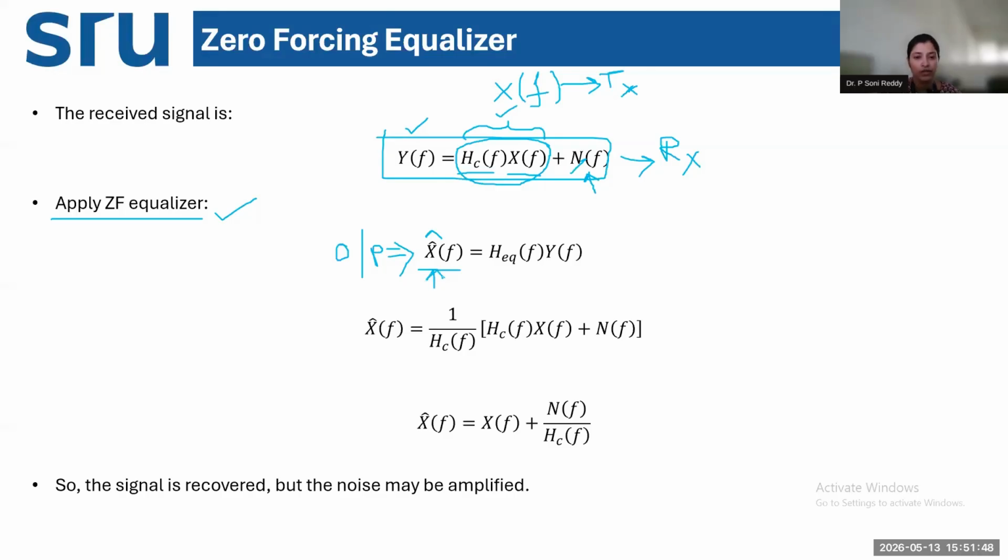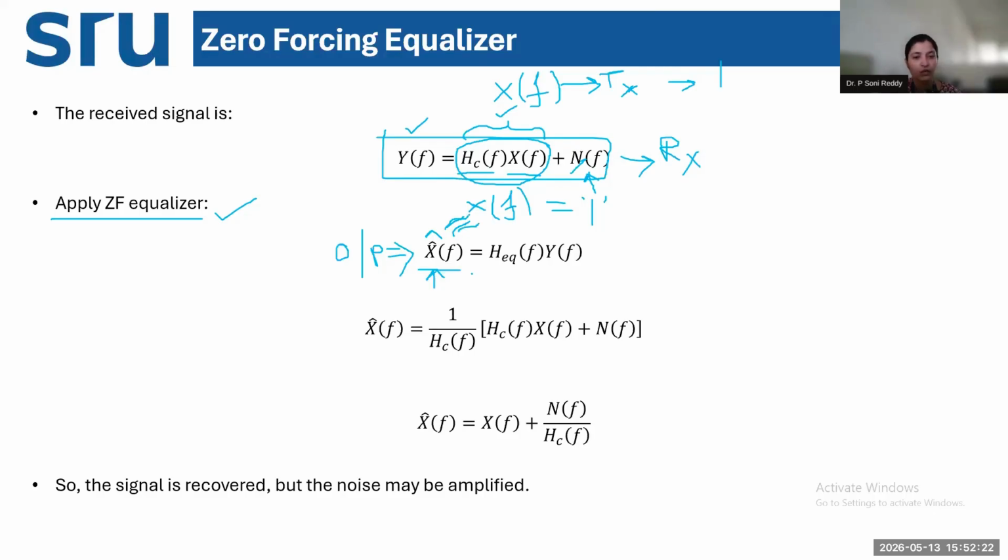Our goal is to generate an output at the equalizer which is almost the same as the transmitted signal, so x cap f should be almost the same as x of f. That means if I am transmitting a data 1, then the output of the equalizer should also be data 1.